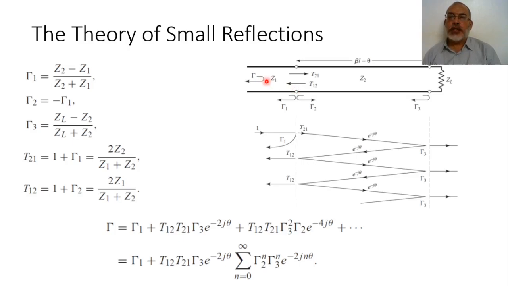So the total field now in the transmission line Z1 would be gamma 1, the first reflection, plus the transmitted signal T21, multiplied by the reflection coefficient gamma 3, multiplied by the transmission from 2 to 1, which is T12, multiplied by the phase shift e to the power minus j2 theta, which corresponds to moving around this transmission line forward and backward.